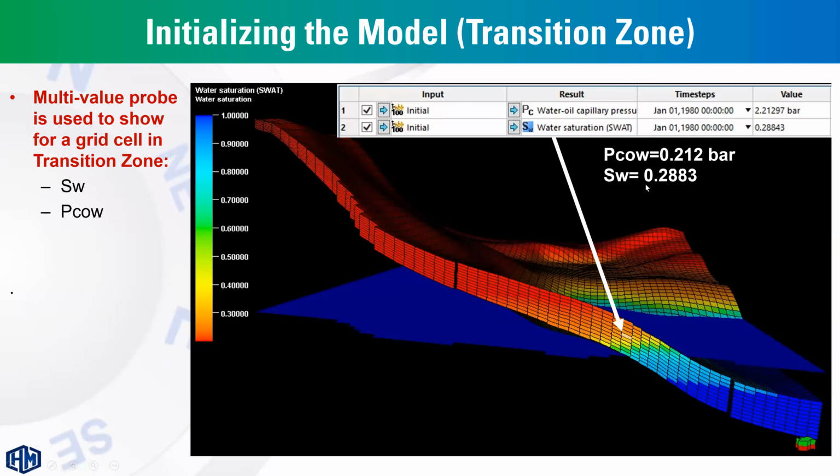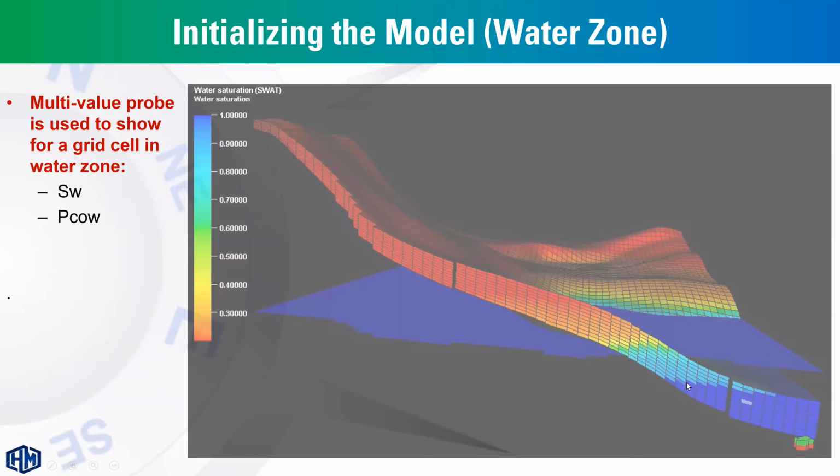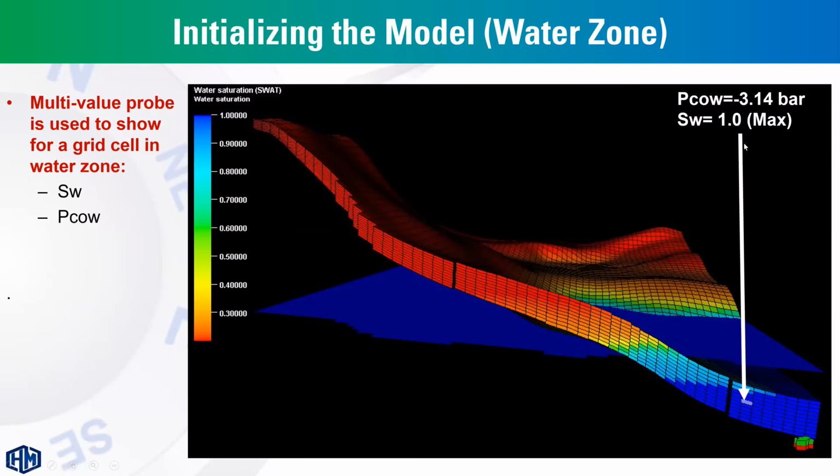So the water saturation is 0.28 right here. And for the water zone, the water saturation is 100%. So the issue, while initializing, is to define the fluid distribution across this transition zone.